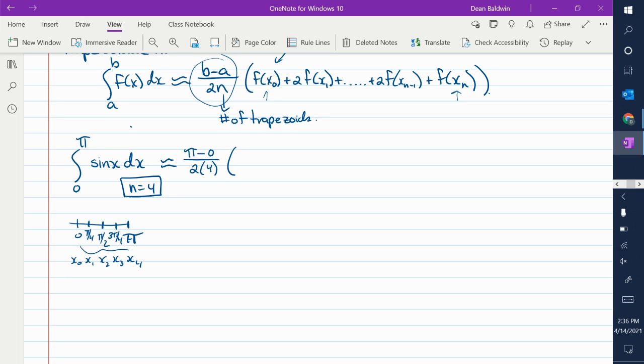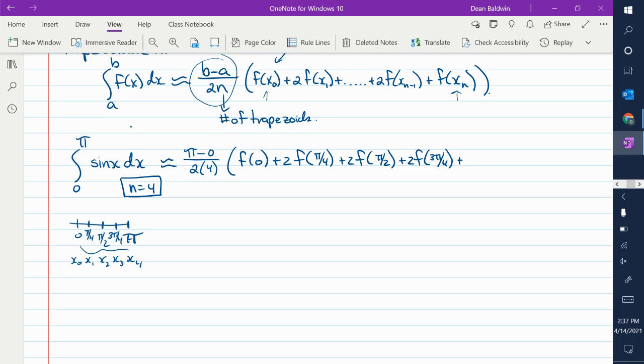So the first one is going to be f of what? f of 0 plus 2 f of pi over 4 plus 2 f of pi over 2 plus 2 f of 3 pi over 4 plus what? f of pi, right?